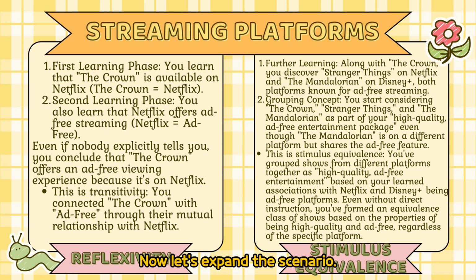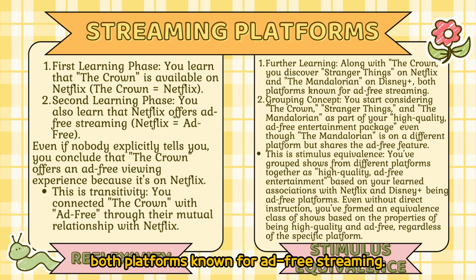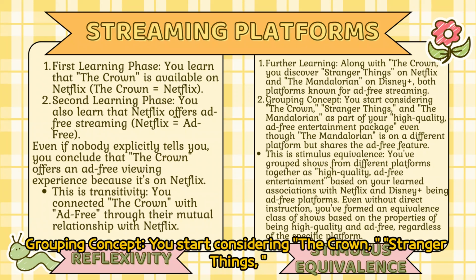Now let's expand this scenario. 1. Further learning: along with The Crown, you discover Stranger Things on Netflix and The Mandalorian on Disney+, both platforms known for ad-free streaming. 2.